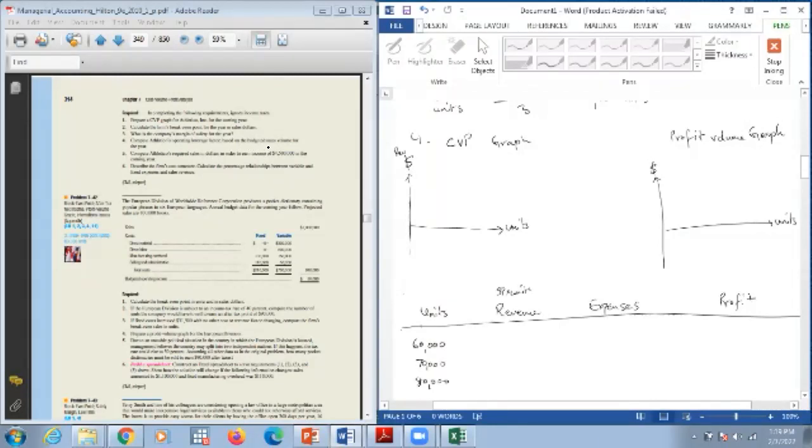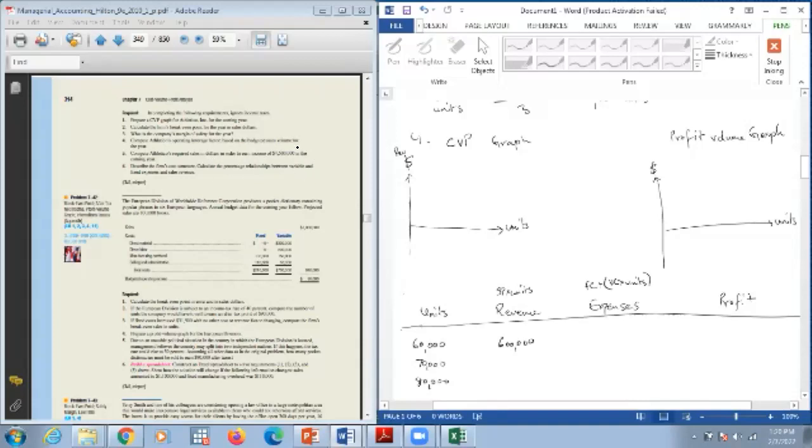Now we'll calculate the revenue. So we'll just take this step by step. Price, variable cost multiplied by the number of units.